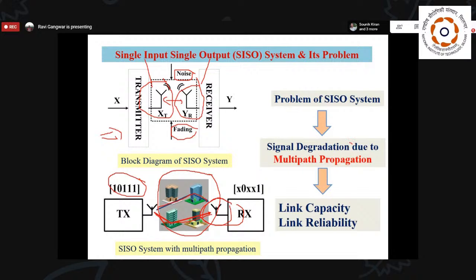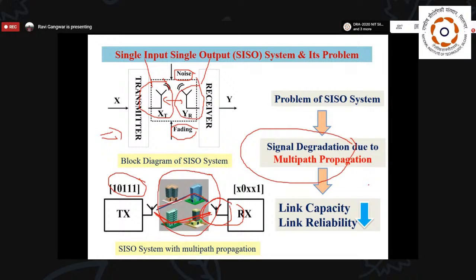Due to multipath propagation, the signal is drastically degraded, and when it is degraded, both link capacity and reliability are degraded. This is the major problem we face in this established communication system.